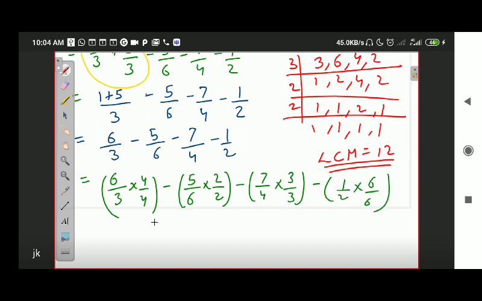What we are doing here is converting all the denominators into 12. So this will be 12, 6 4s are 24, minus 12, 10, minus 12, 7 3s are 21, minus 12 and 6.